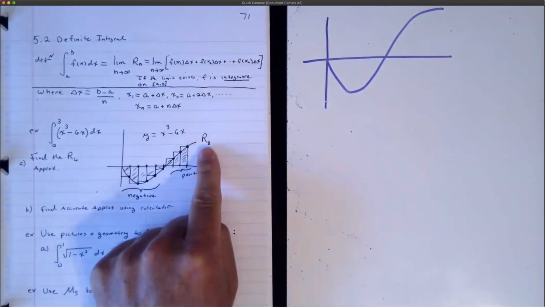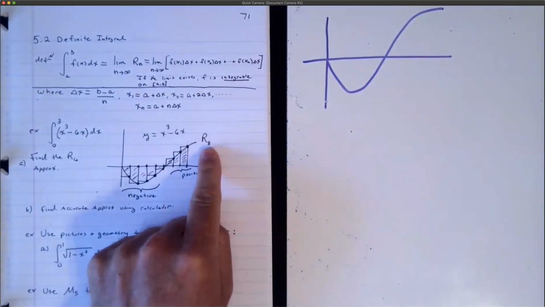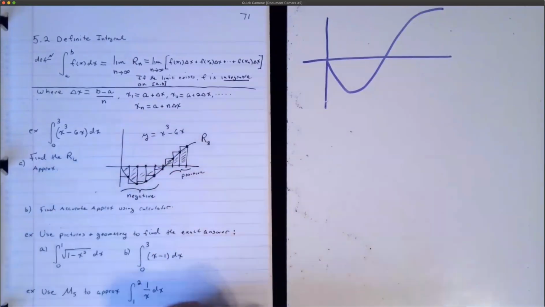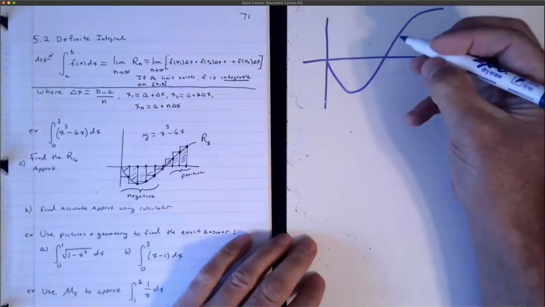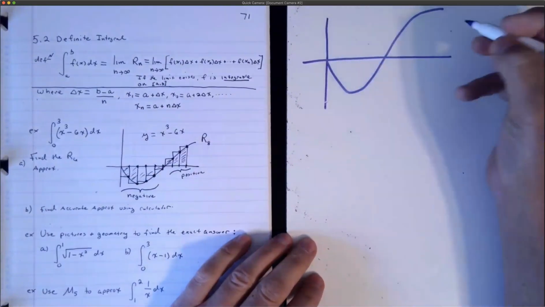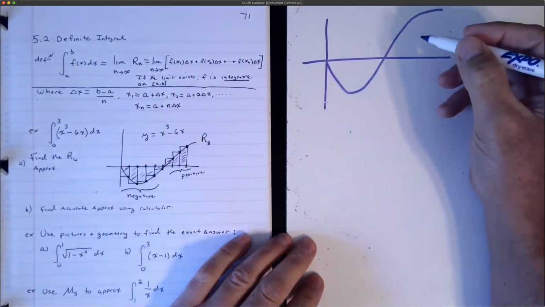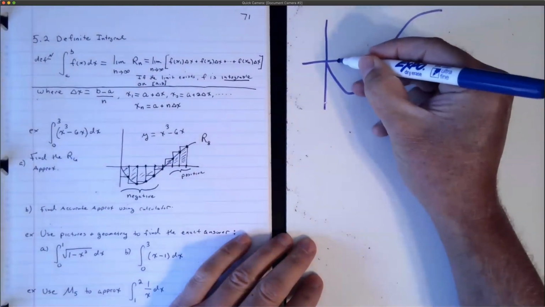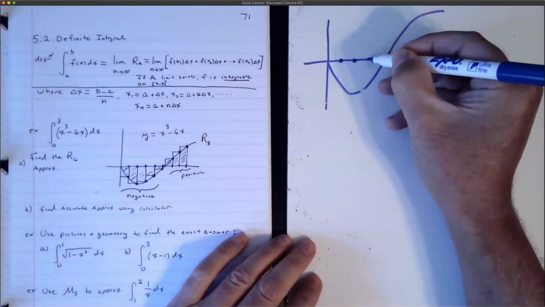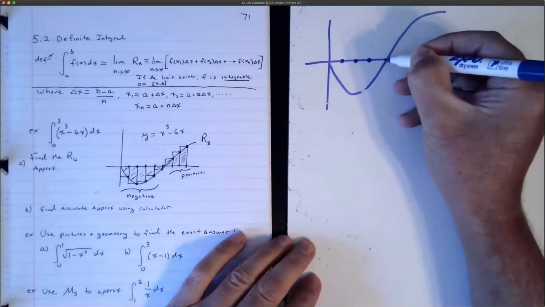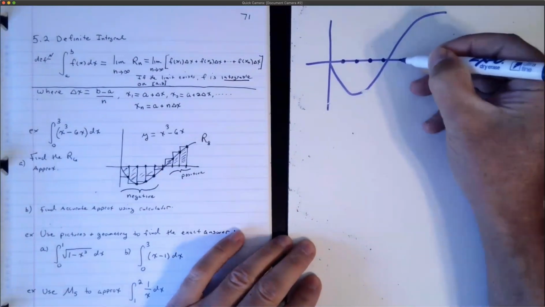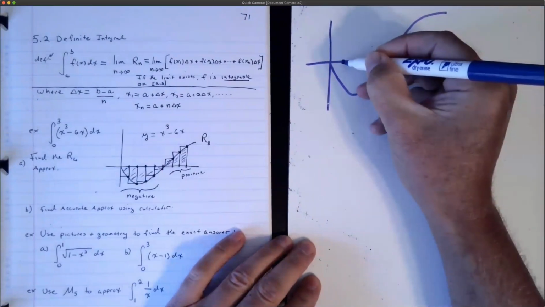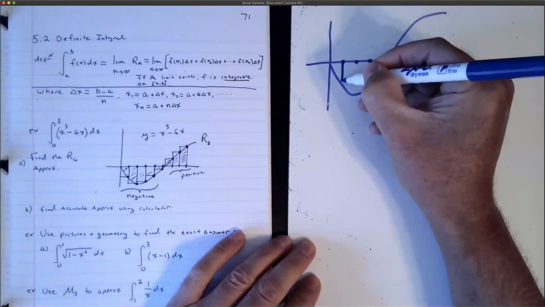In this picture, I wrote it with 8 boxes just because it's easier to make 8 boxes than 6. So let's try to come up with 6 boxes that are equally spaced, and we're using the right endpoint as the approximation.